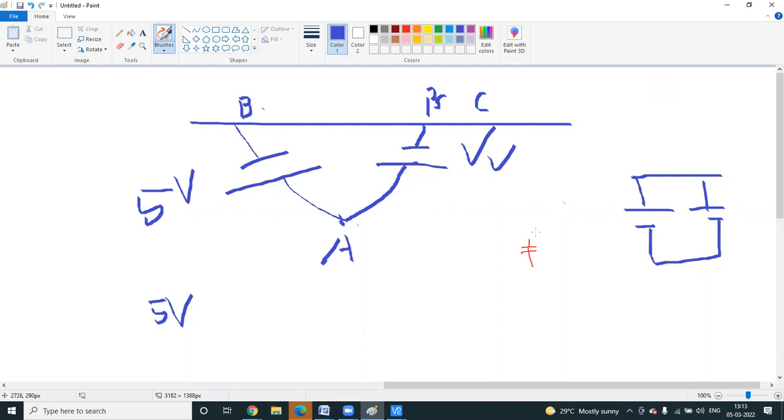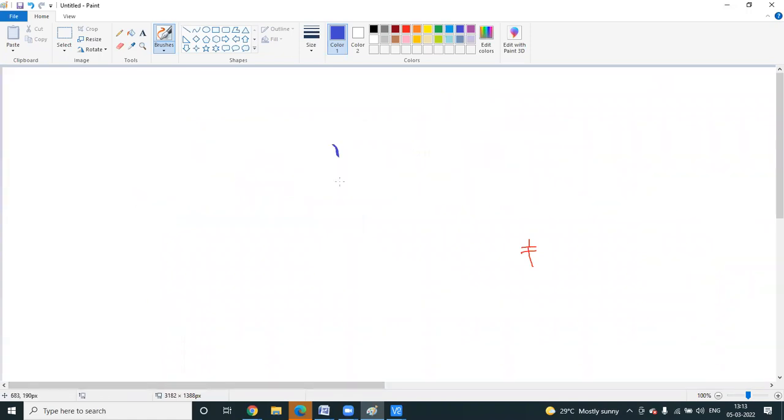Similarly, if you apply some voltage here, this is the source point, this is the gate point. So I connected one voltage.